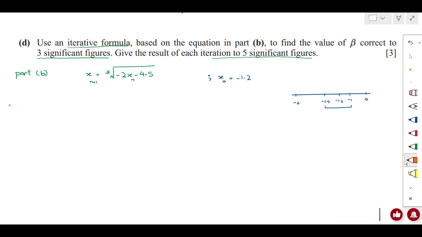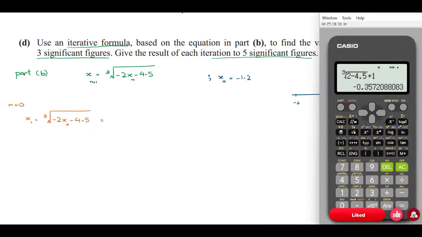When n is equal to 0, the first iteration is x1, which is the cube root of minus 2x0 minus 4.5. This is your first iteration, and x0 is minus 1.2. So here we can say cube root of negative 2 times negative 1.2 minus 4.5.